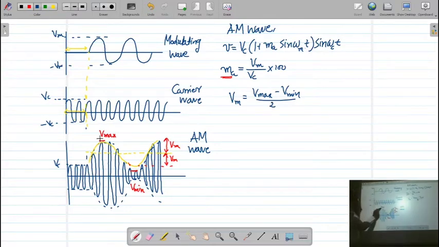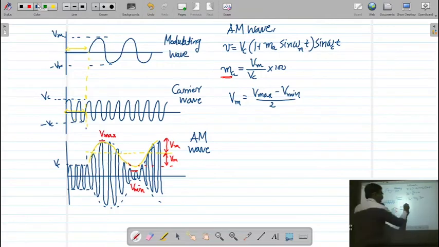Again, this is the maximum voltage, this is the minimum voltage, and the amplitude of the modulating signal is the average of these two, so we have V maximum minus V minimum divided by 2. Now how do we write Vc?